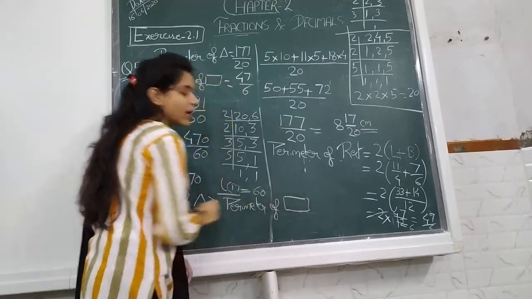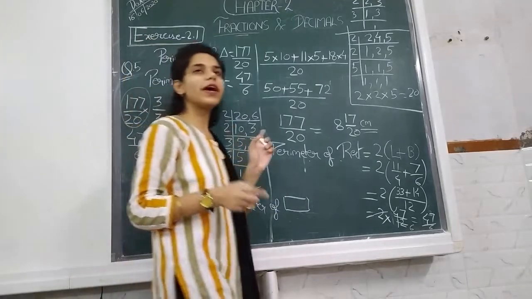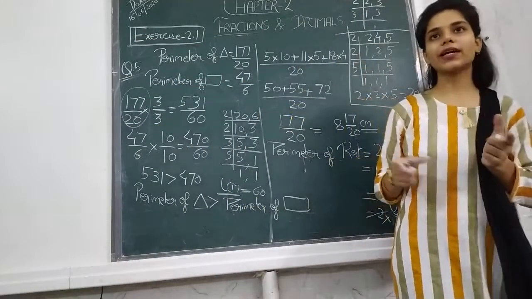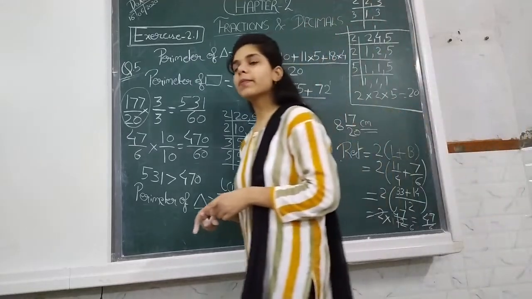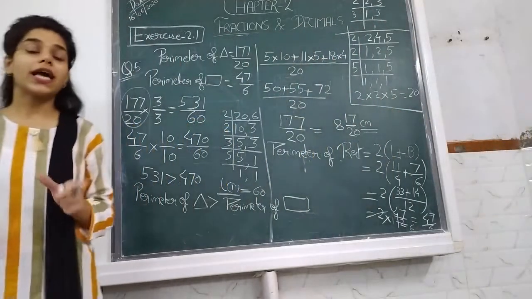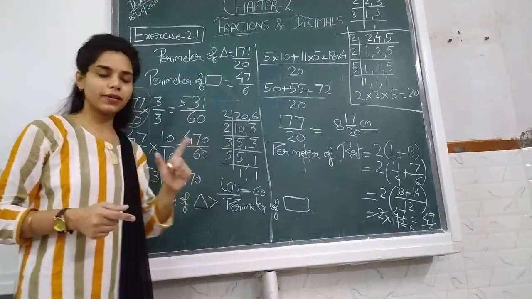Okay. Understood everyone? What we have done in this question? We first found out the perimeter of triangle. Perimeter of triangle is sum of all sides. And perimeter of rectangle is 2 into length plus width.